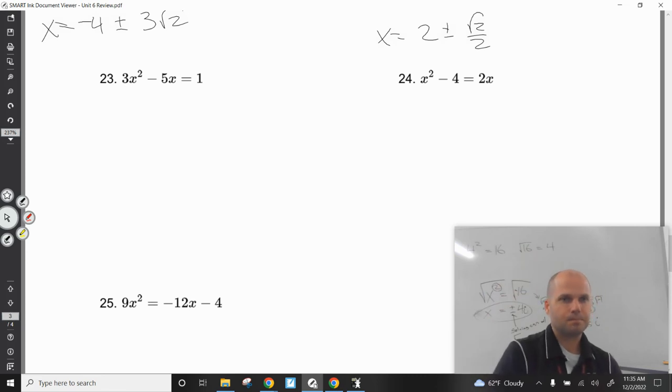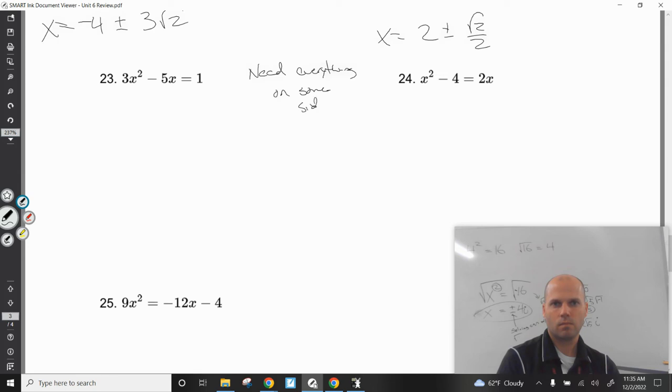Heads up, if you ever see a quadratic, but not everything's on the same side, everything needs to be on the same side. So, do what's easiest. Sometimes it's easiest to just move the right side to the left side. Sometimes it's easiest to move the left side to the right side.